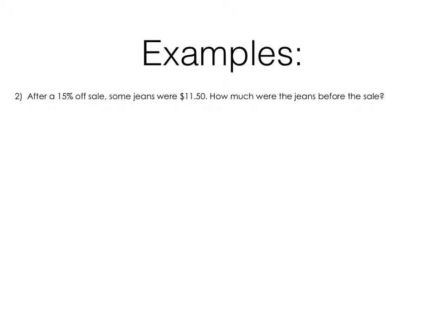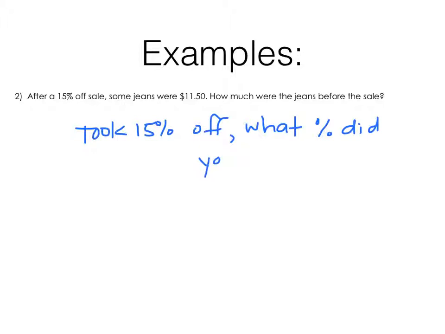If you took 15% off of the original price, what percent did you pay? You took 15% off, what percent did you pay? Well, 100% would be the whole price. If you take off 15%, we paid 85%.